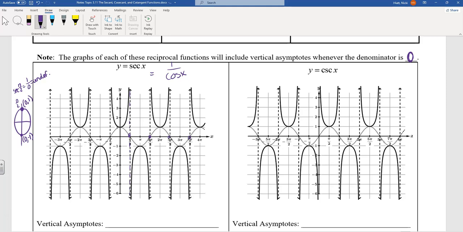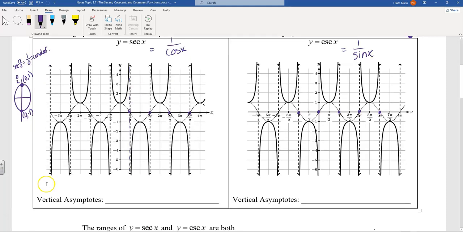In a similar manner, cosecant is 1 over sine x, right? So everywhere that your sine graph equals 0, you have a vertical asymptote for that. So anywhere sine equals 0, you'll have a vertical asymptote.